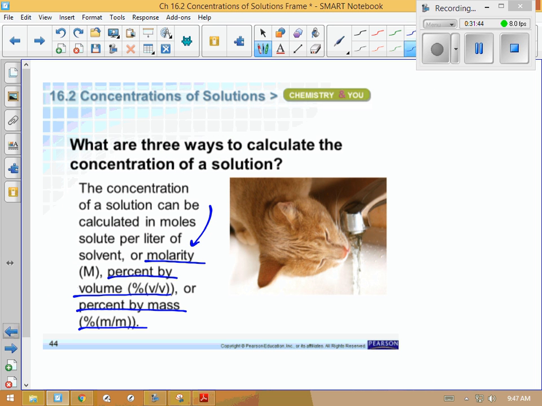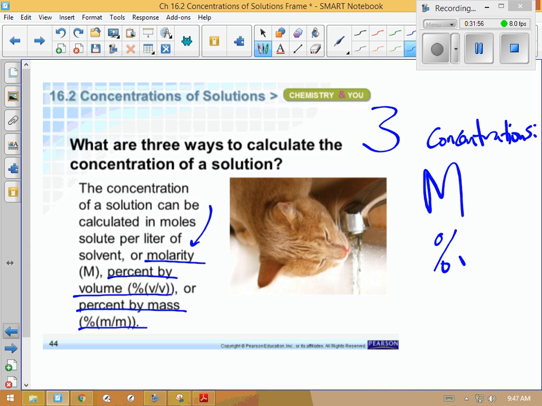And again, we learned 3 ways to calculate concentration: molarity, that's the big M, percent by volume, and percent by mass. We can use this for anything. This is very valuable for calculating liquids, and this one maybe for solids.